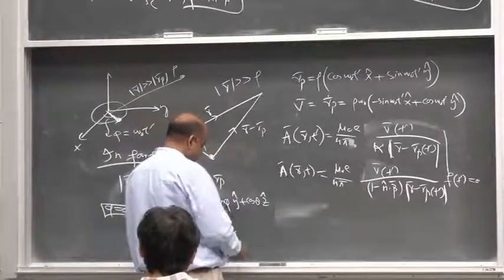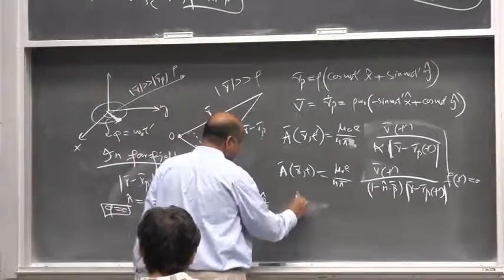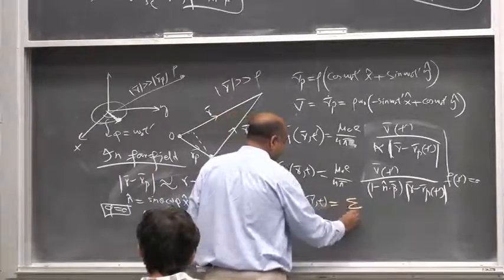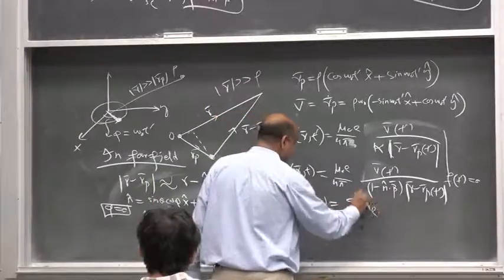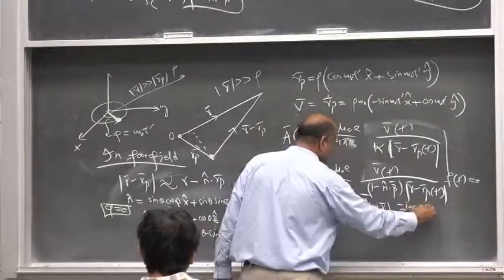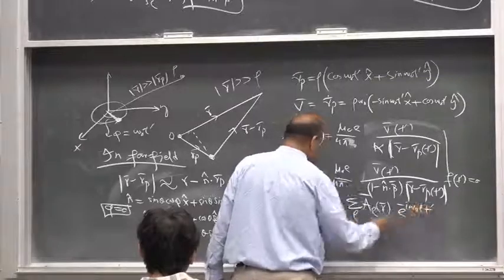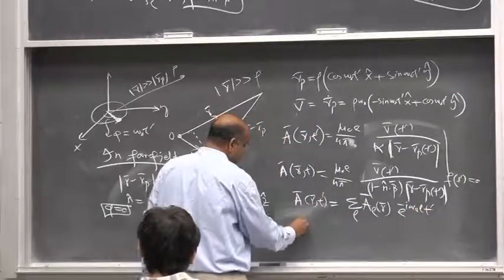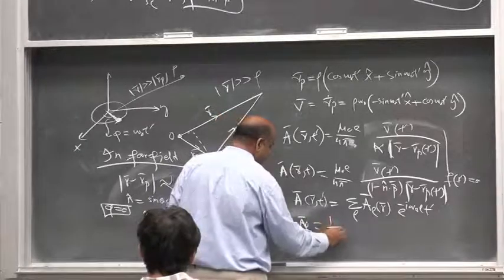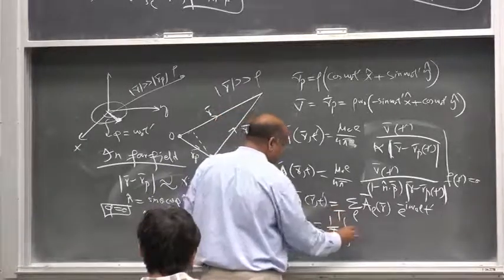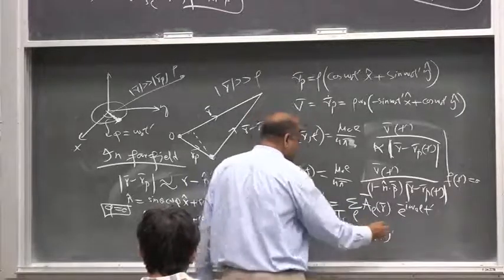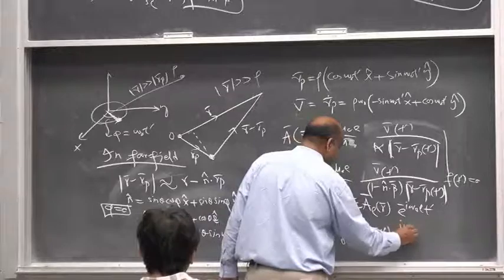If I have to find the frequency component, you can express this as A_l of r, exponential minus i l omega naught t, dt prime, and then these A_l are 1 over T, 0 to T, exponential of omega naught.